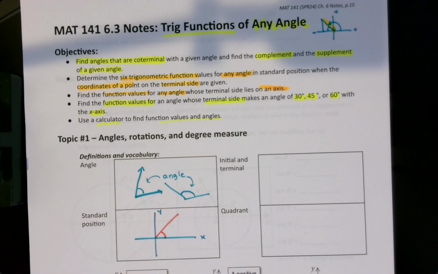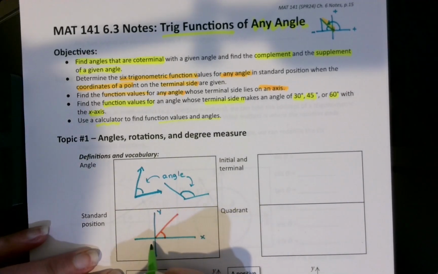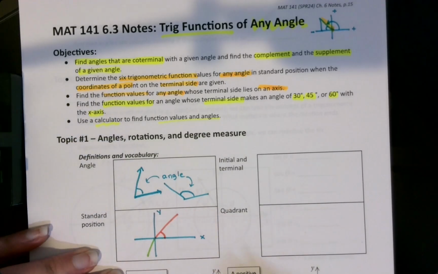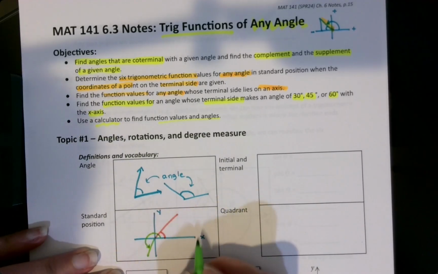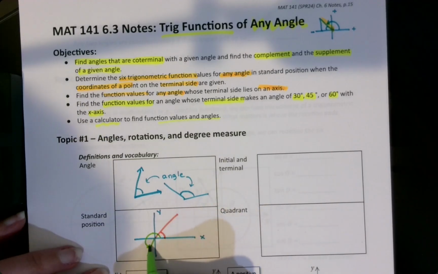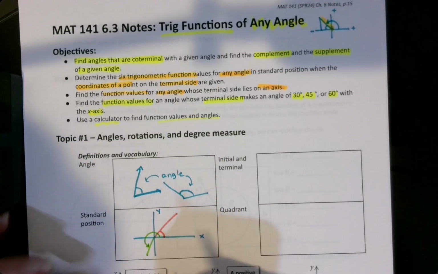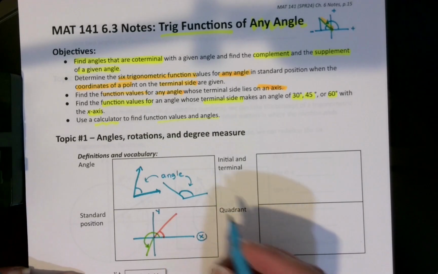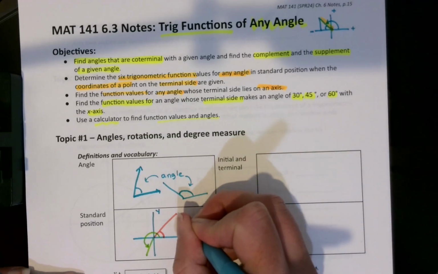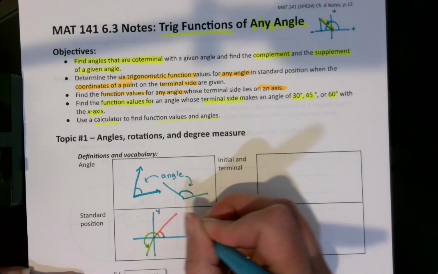So if I use another color and draw another angle down here, that angle is again assumed to be measured from the positive x-axis. So it's not always the shortest angle. We can talk about measuring in the positive rotation and the negative rotation, which we'll talk about in just a second. But in standard position, we're going to be measuring from the positive x-axis, and our angles are measured counterclockwise.